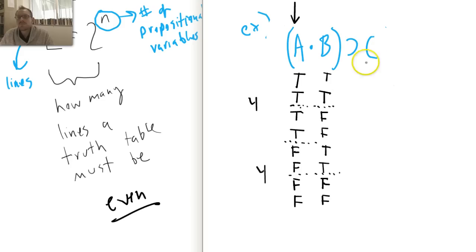And then when you do C, you're just going to take this and divide these in half, and your last variable will always look like this. It's just going to be true, false, true, false, true, false, true, false.